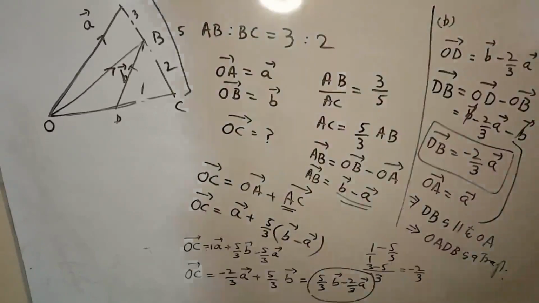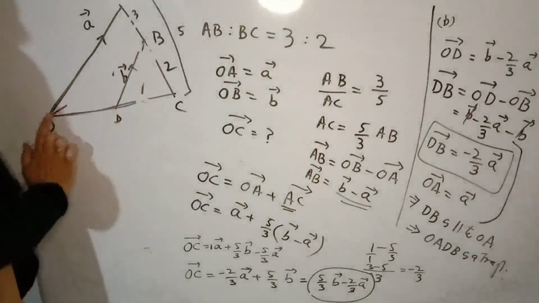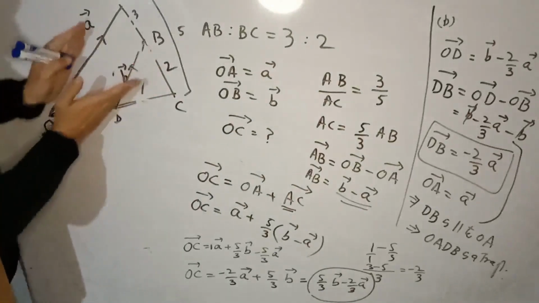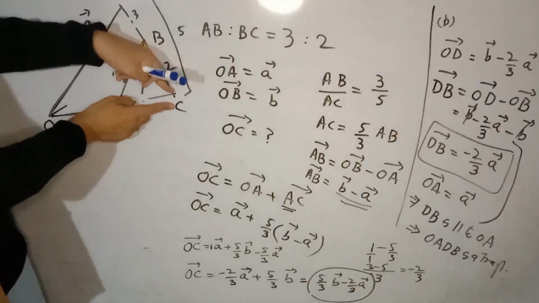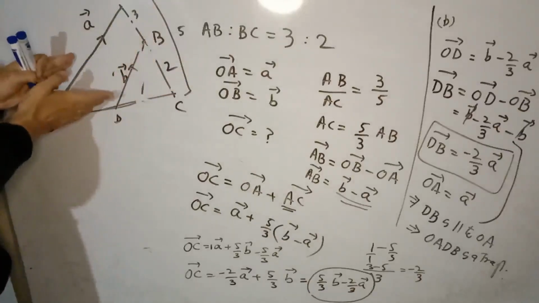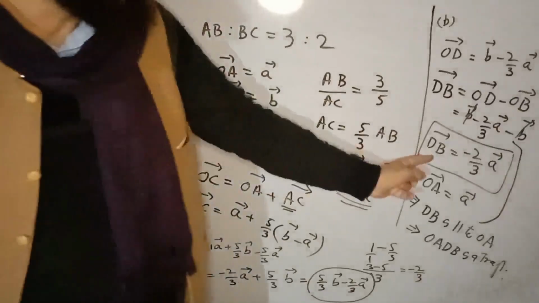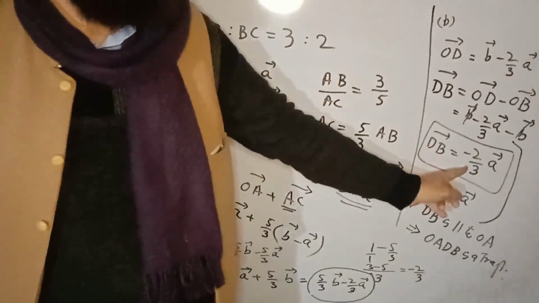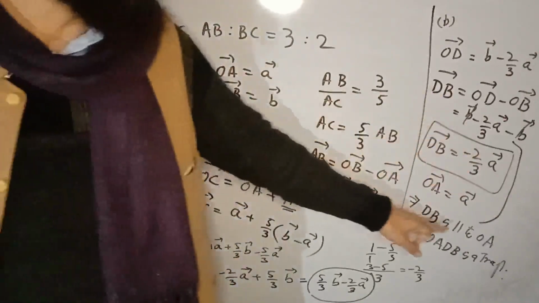And here we have proved that DB is parallel to OA. Therefore, OABD is a trapezium as shown in this figure. These two are parallel and these two are not parallel because they are intersecting somewhere. My drawing is not according to scale, but according to this fact that DB is a scalar multiple of A. That's why DB is parallel to OA.